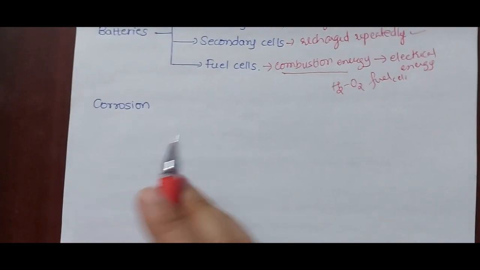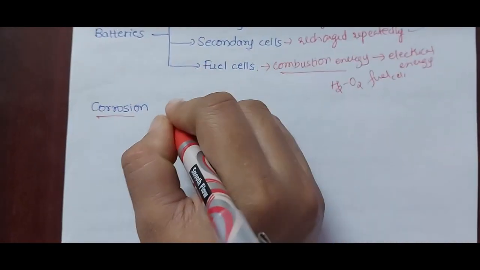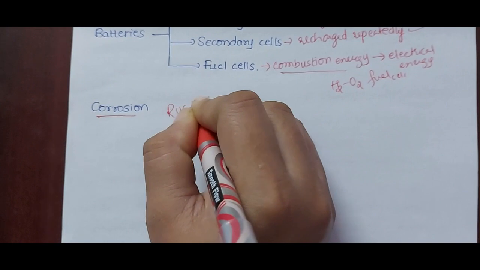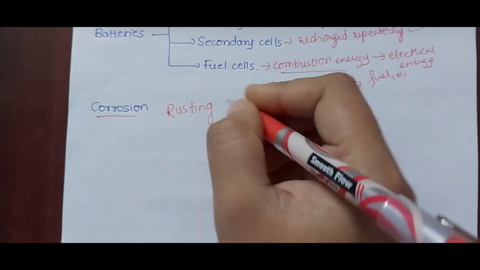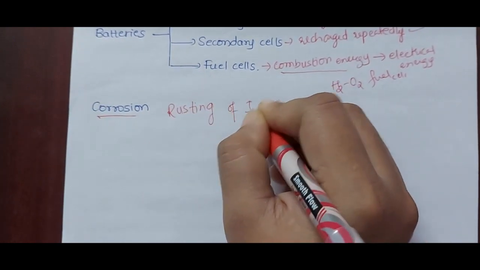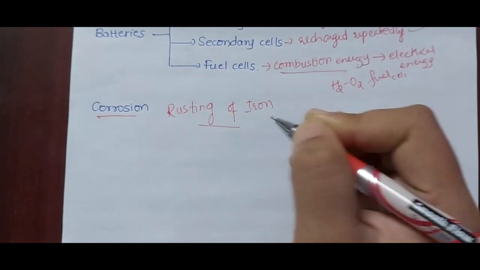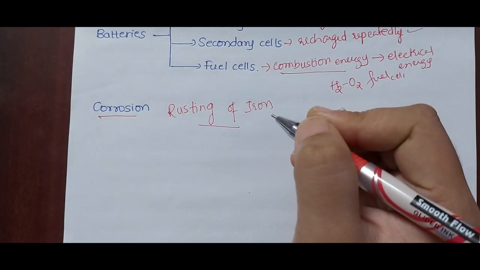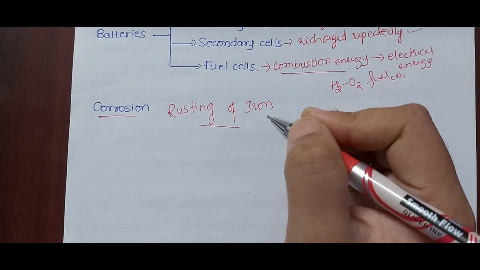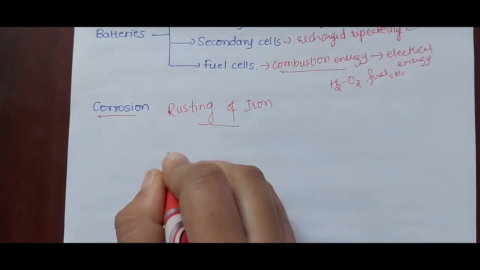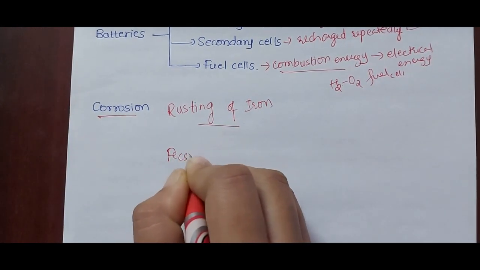And next is corrosion. What comes to mind on hearing the word corrosion is rusting of iron. Rusting of iron occurs as a redox phenomenon. We see both oxidation and reduction reactions here. So what is the oxidation reaction that occurs here?